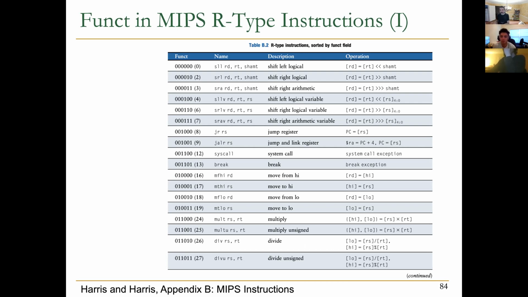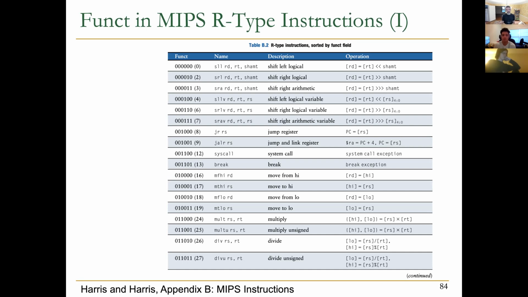And this means that you should refer to the func part of the encoding in order to find the encoding of the instruction. So in R-type, that was the encoding. So here you see several different instructions: shift left logical, shift right logical, jump register, break, whatever.